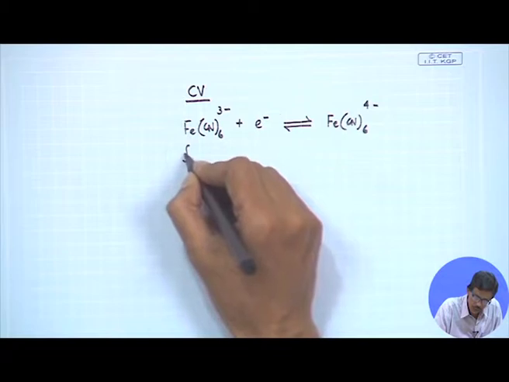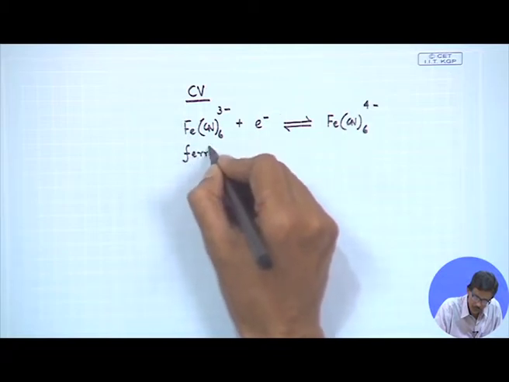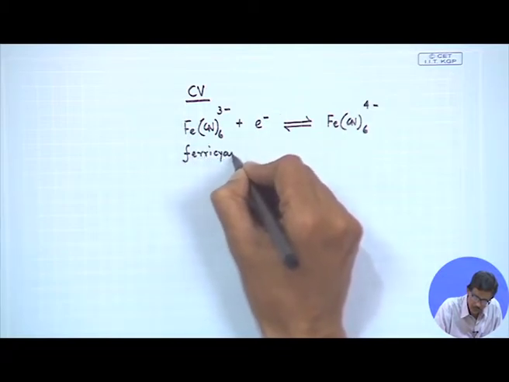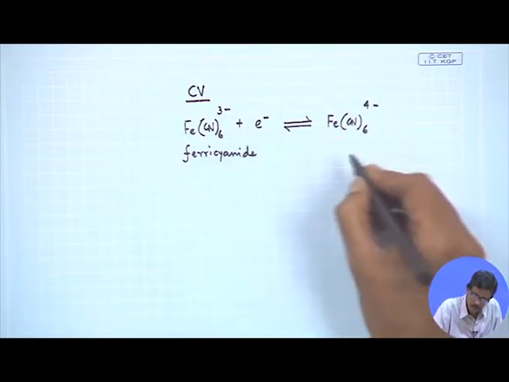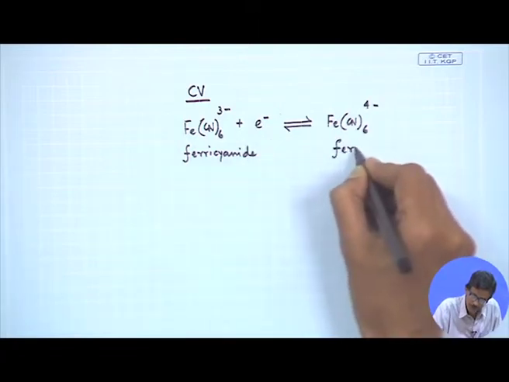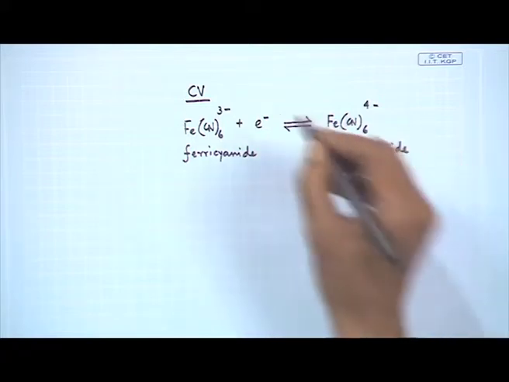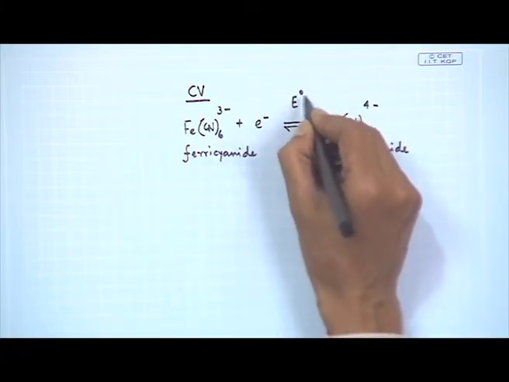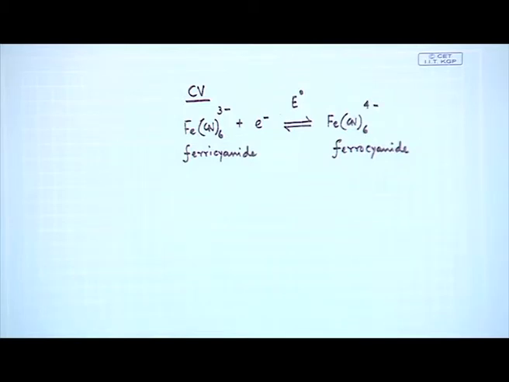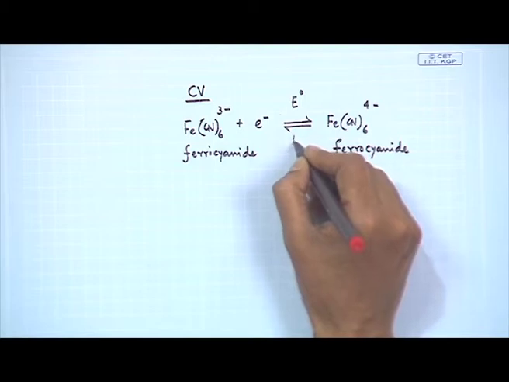So this is ferricyanide and this is ferrocyanide. So what we want to look at now is the corresponding E0 value.